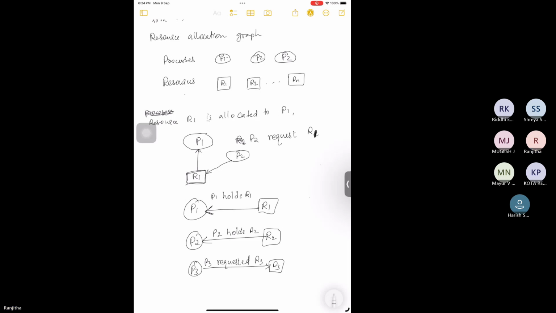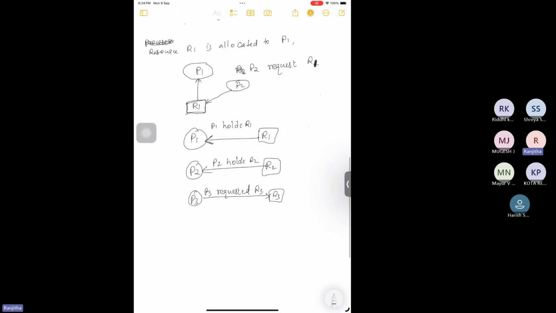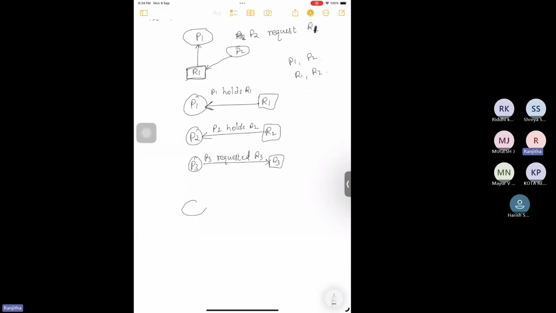Okay. Now, using a resource allocation graph, how we can represent a deadlock situation is, suppose we have process P1, we have P2, and we have R1 and we have R2. Now, we have a situation where P1 is allocated R1, R1 is given to P1, and R2 is allocated to P2.